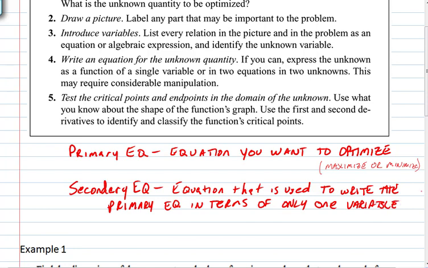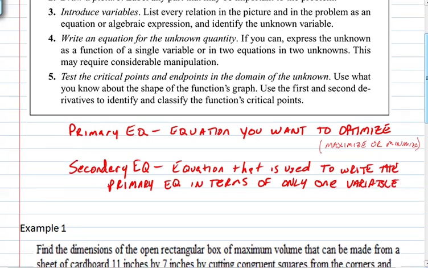These are not the related rate problems where we take the derivative with respect to time.